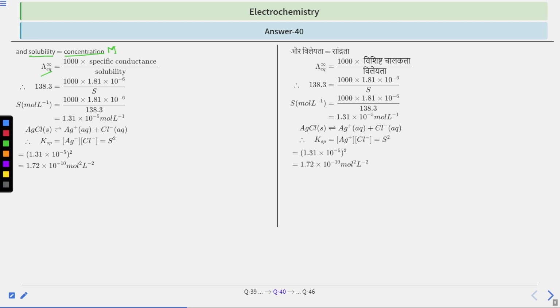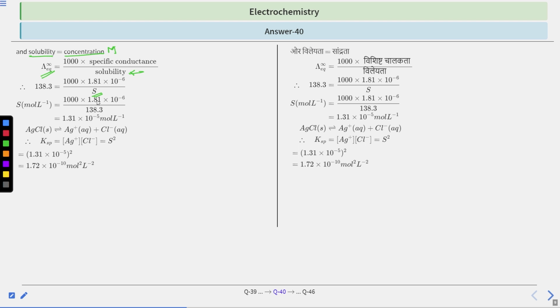So we just put in the values. We have been given the lambda infinity equivalent, which is 138.3, equal to 1000 multiplied by the specific conductance. We just have to find out this actual specific conductance. It is 1.81 times 10 to the power minus 6 divided by the solubility, and solubility is S. So the only variable present in this equation is solubility S. So we just find out this.